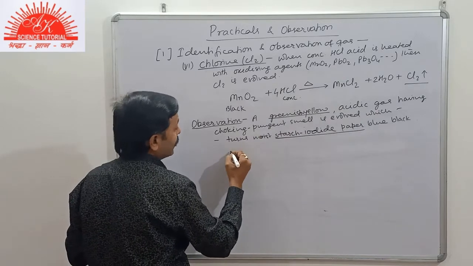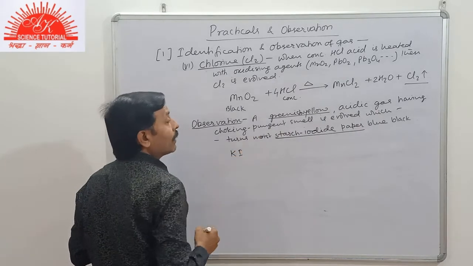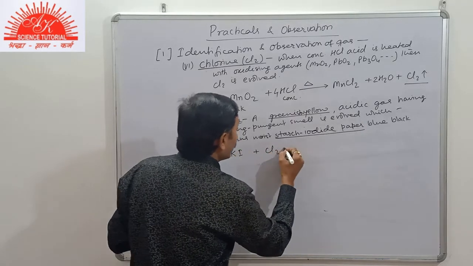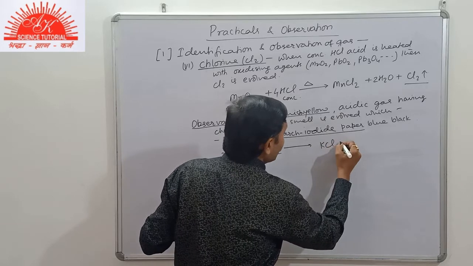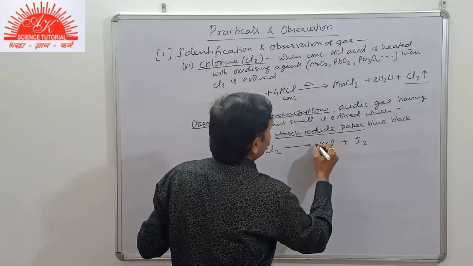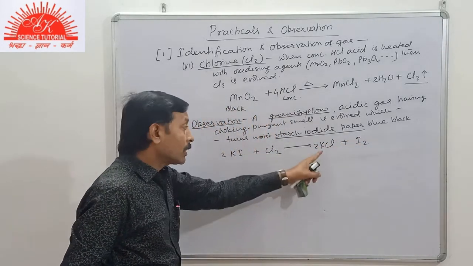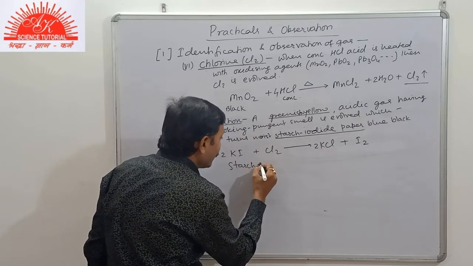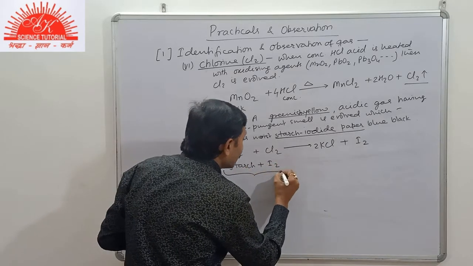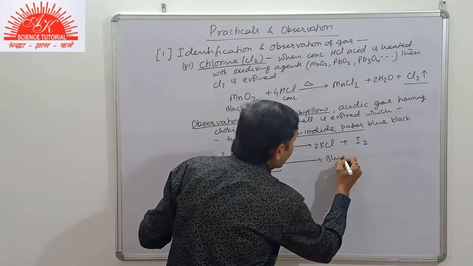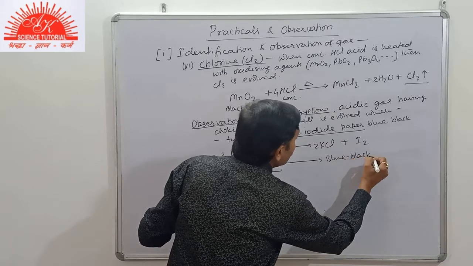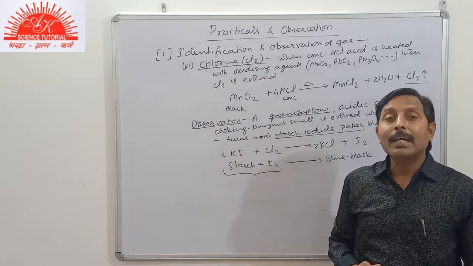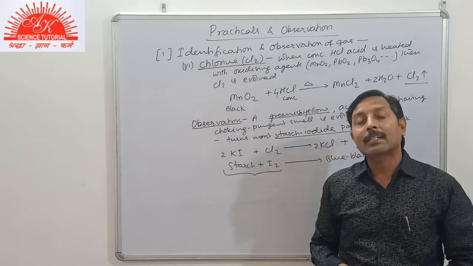Like you see, now this is potassium iodide solution. When it reacts with chlorine, it gives us KCl plus I2. Now this is colorless, but this iodine when gets added to starch, then it turns blue black. So this is the test for chlorine gas. We can easily identify the gas as chlorine.